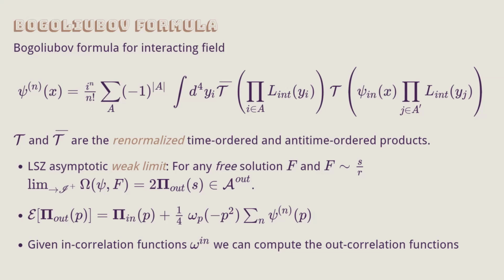You can take A to be empty and A prime has all 4 of them. A can have 1, the other has 2, 3, and 4, all partitions. Mod A is the cardinality of A, how many you put in the anti-time ordered product. Every time you put something in the anti-time ordered product, you pick up a sign. One way to think about this is if this is e to the negative i something, at every order you get some sign.